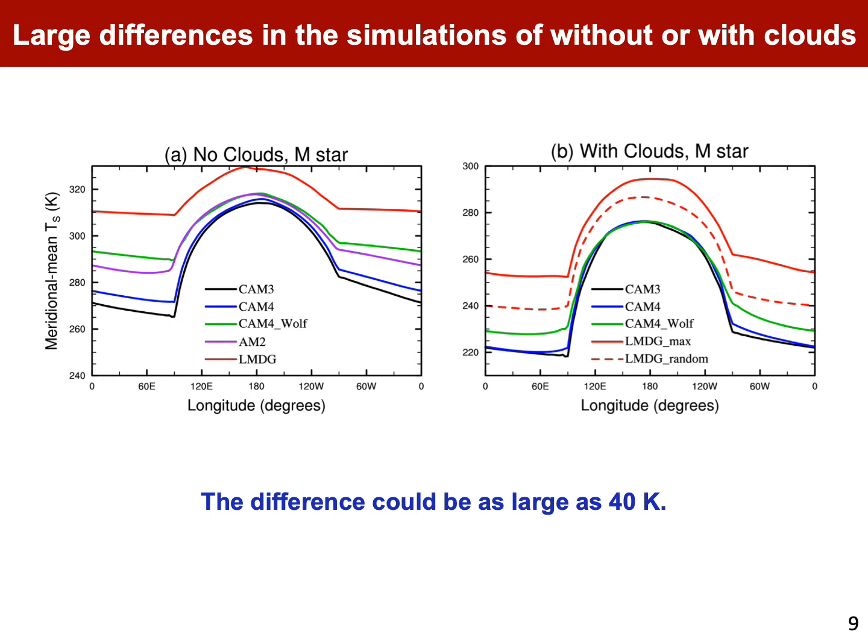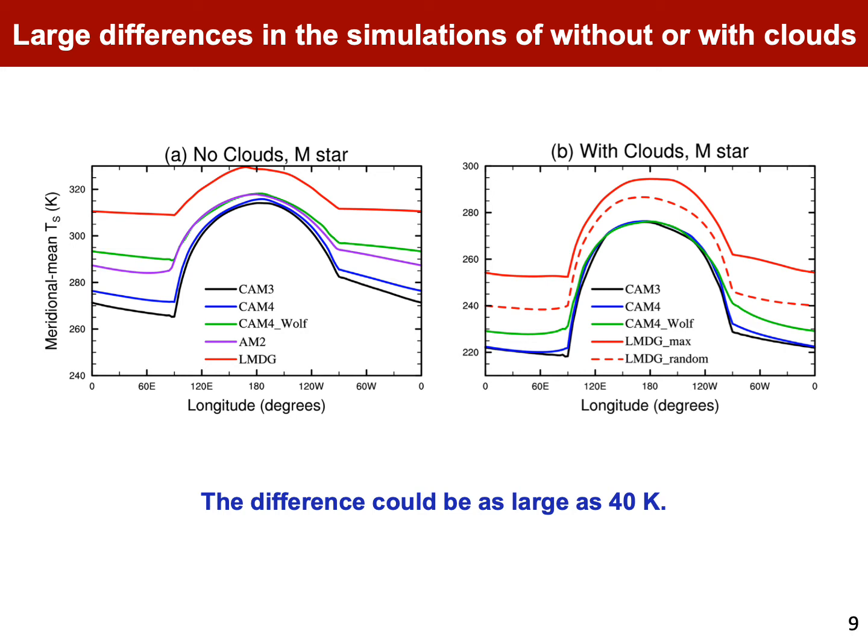The left panel of this figure shows the results of no-cloud simulations, which means that in these simulations the cloud radiative effect is turned off, but there is still precipitation in the model. We can see that on the night side, the temperature difference can be as large as 14 Kelvin, and on the day side, the temperature difference can be as large as 13 Kelvin.